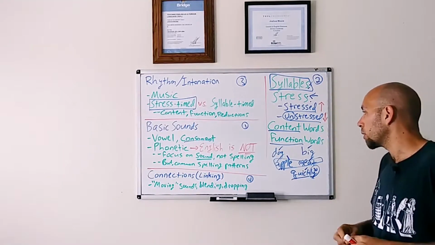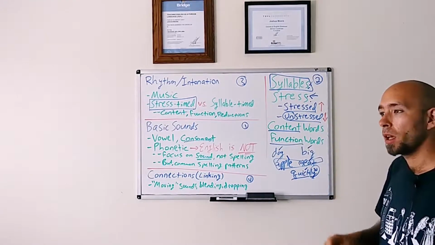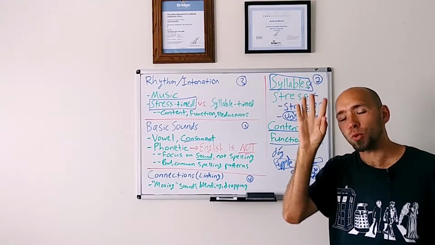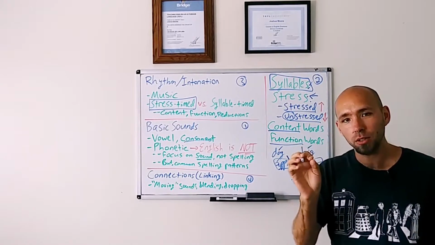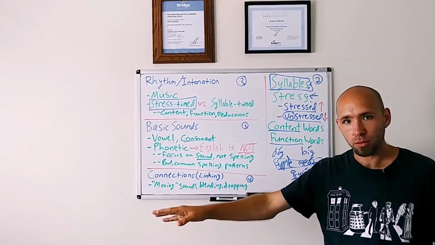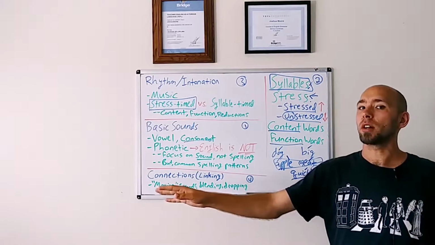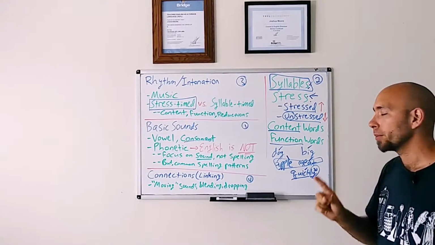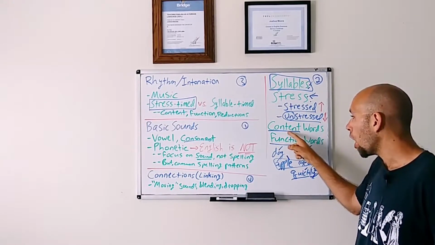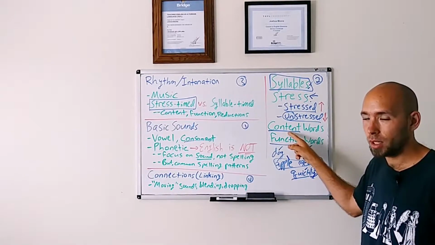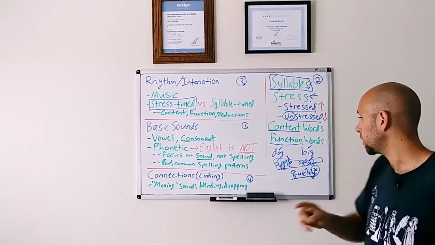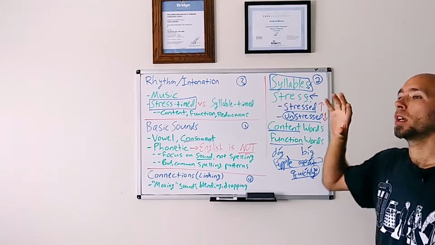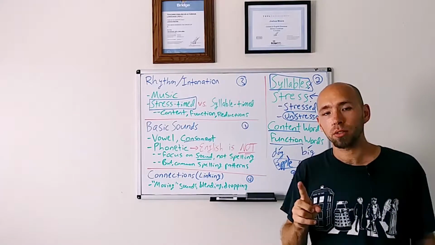apple. Here's the thing, with a content word, if it is one syllable, this is one of those rare rules in English that have no exceptions at all. So this is a very good rule, and it will help you a lot. If a content word is one syllable, like dog or big or eat, it will be stressed.